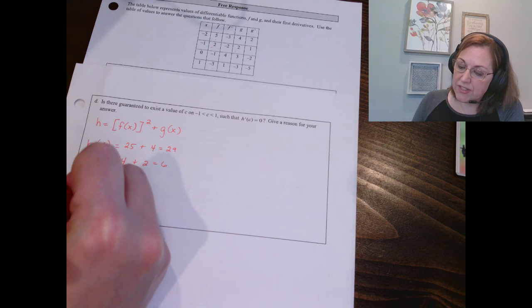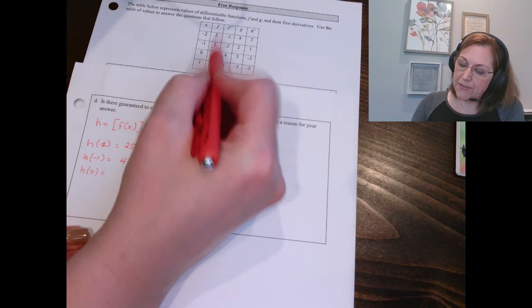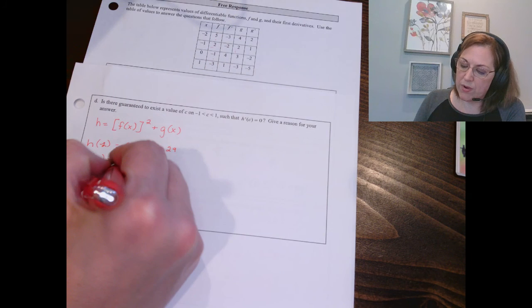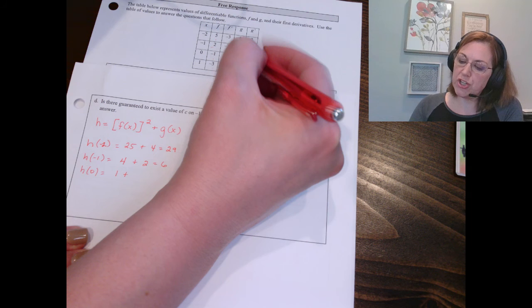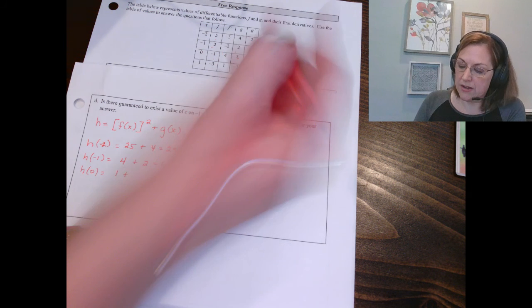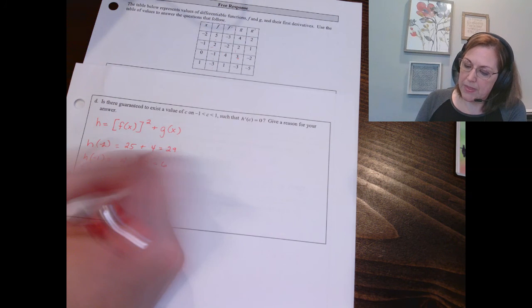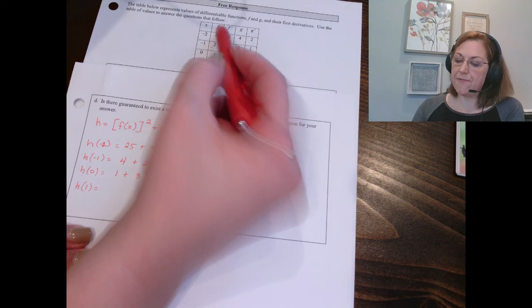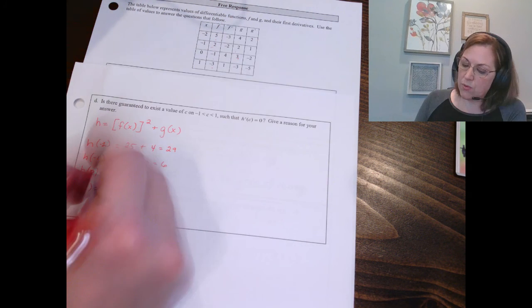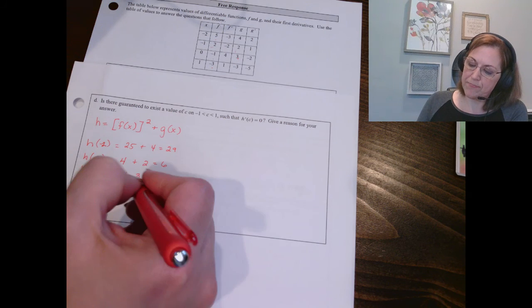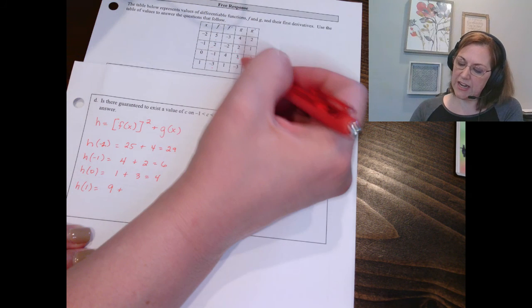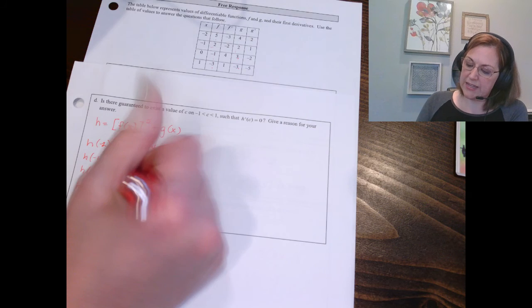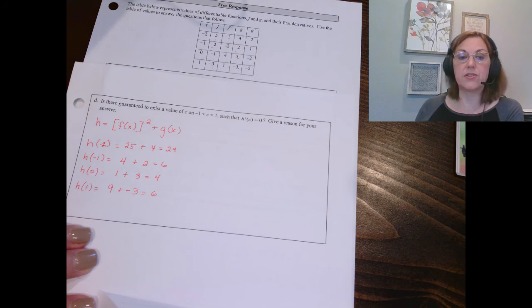Okay, h of 0. f of 0 is -1. Squaring it gives me 1. g of 0 is 3, so I get 4. And then let's do h of 1. f of 1 is -3. Squaring it gives me 9. And g of 1 is -3, and that gives me 6.